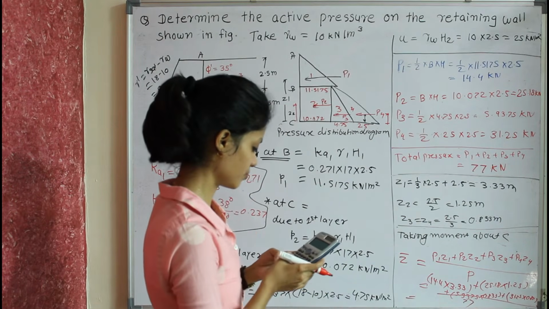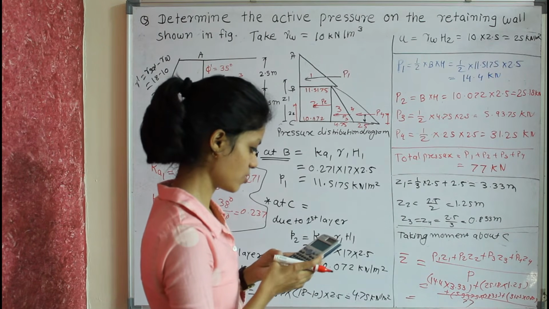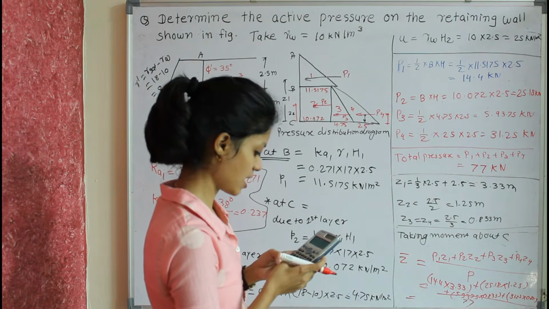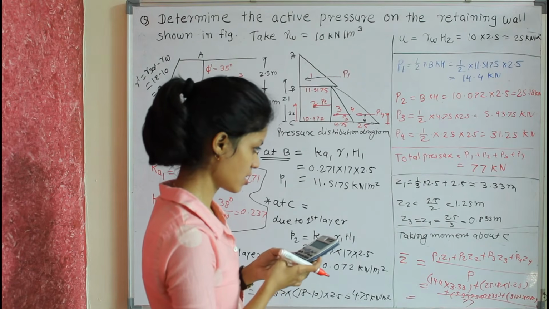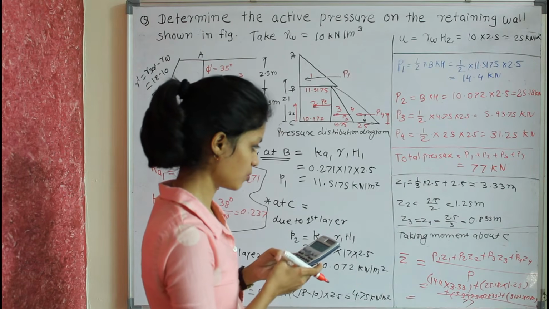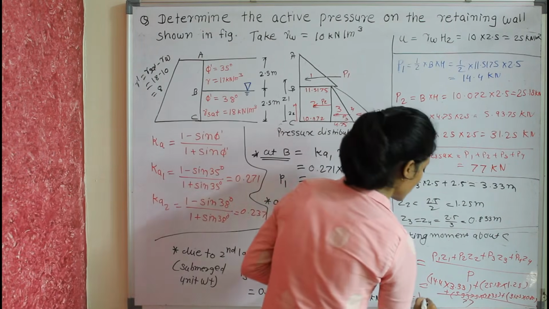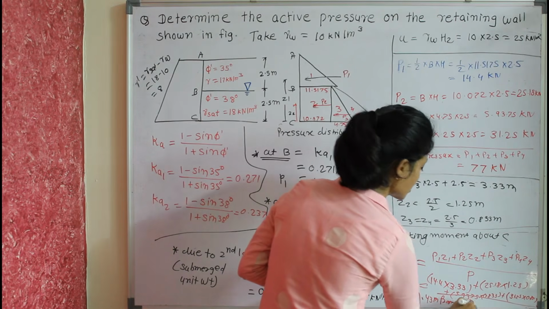It is 14.4 into 3.33 plus 25.18 into 1.25 plus 5.937 into 0.833 plus 31.25 into 0.833 upon 77. So we get 1.43 meter from base.